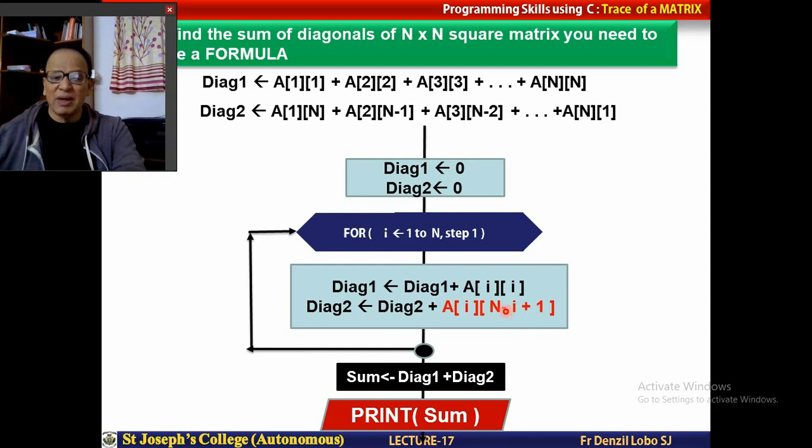And when I becomes 3, 3 minus 3 plus 1 is equal to minus 2, and 3 minus 2 is equal to 1. So this is how you have to do that. This is the algorithm for finding the sum of the principal diagonal and the minor diagonal. You find the sum of those and print the sum of both the diagonals. Now kindly write the complete C program.